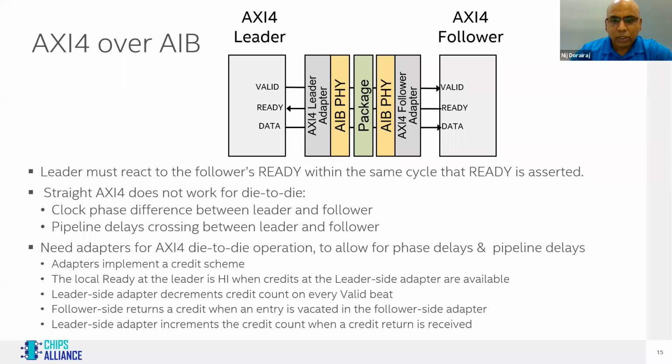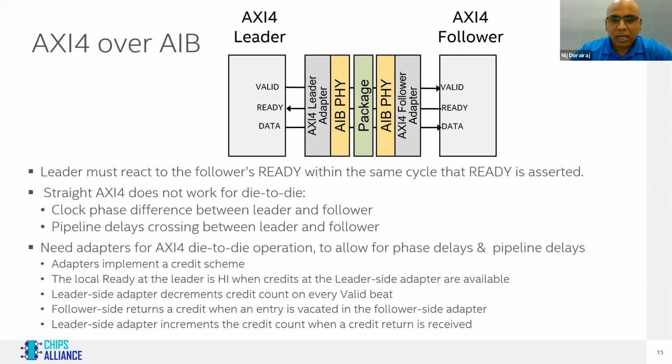Essentially, the AXI4 adapter builds a credit scheme to insert data on the leader side based on the credit availability, and the follower will empty the data on the follower AXI adapter side and return the credit back to the leader.